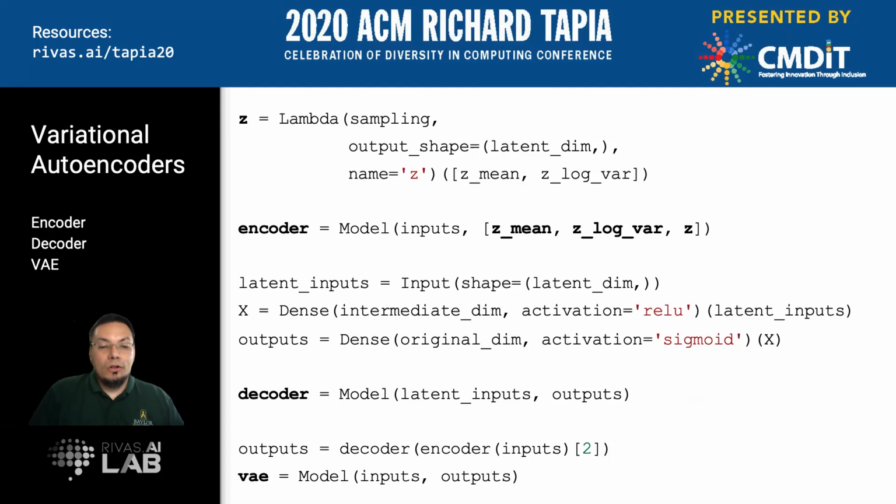So we can call the output of this something that uses the encoder with the input, but it only takes the last argument. This is the 0 argument, the 1 argument, and the third argument, 2. So it takes the data that was generated from this distribution with these parameters, and that is what is going to be decoded.